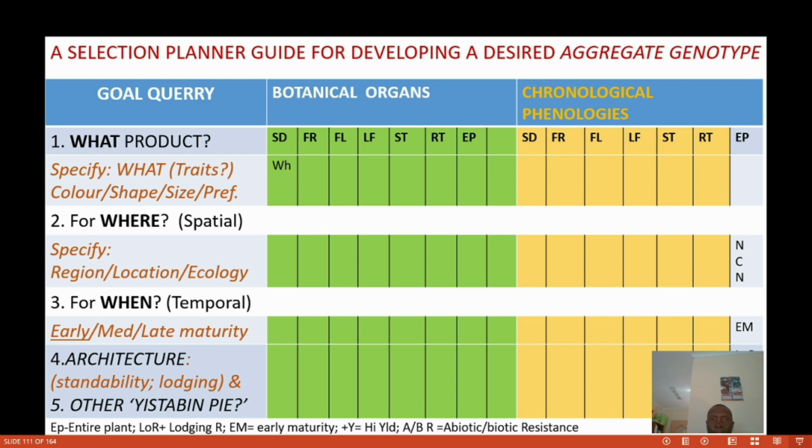And remember, you have probably looked at the characterization and/or the evaluation based on botanical organs. And they are in those, the seed, the fruit, the flower, the leaf, the stem, the root, the entire plant, and so on and so forth. Then you may also have characterized that in terms of the chronological phenologies, the developmental stages of the plant.